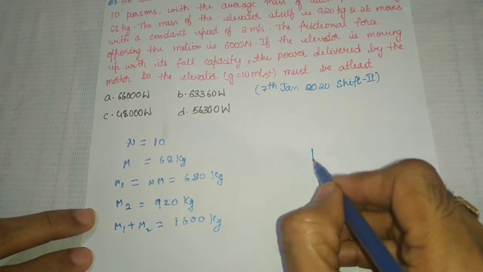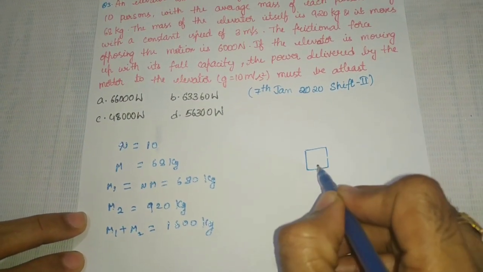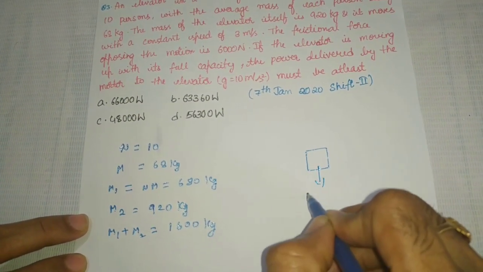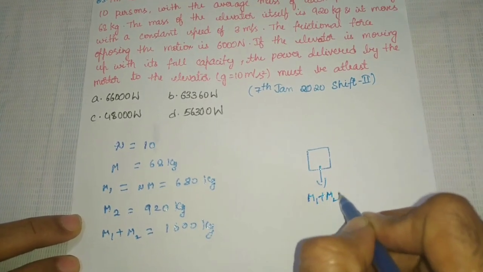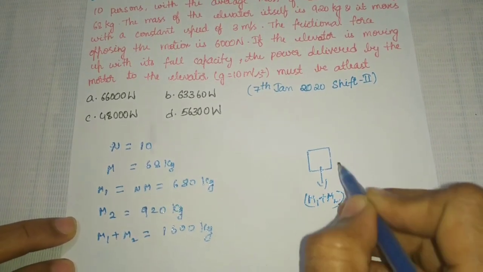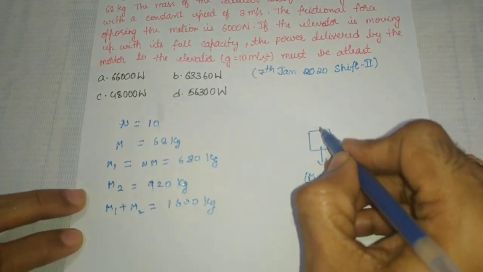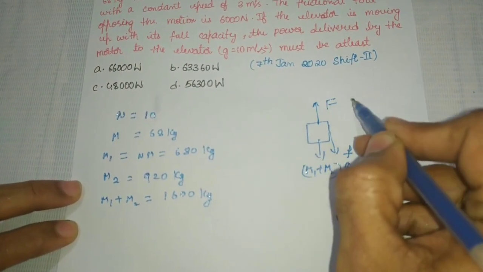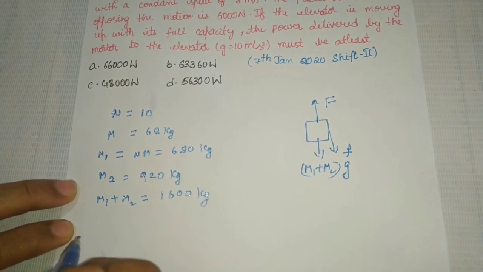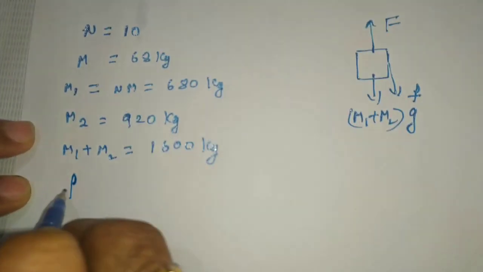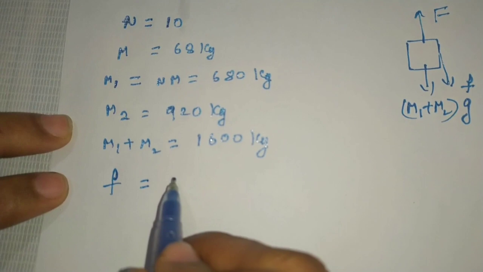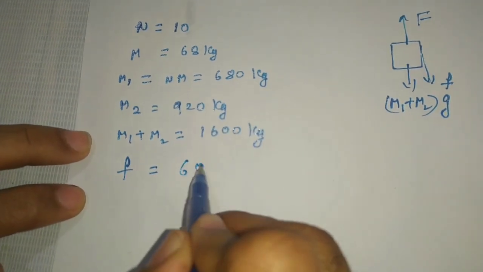When the elevator is moving upwards, the weight of the persons and elevator, m1 plus m2 into g, acts downwards, friction is also acting downwards, and by applying force in upward direction the motor moves the elevator upwards. The frictional force acting on the elevator is given in the data as 6000 newtons.